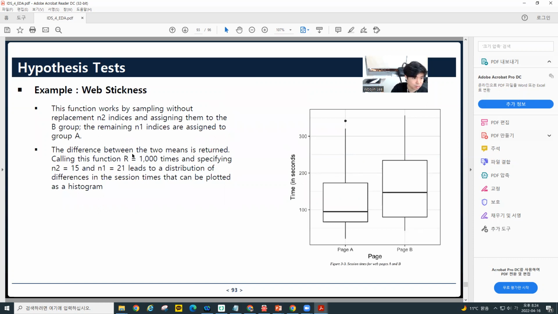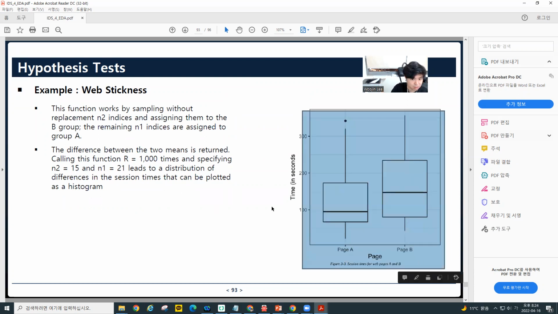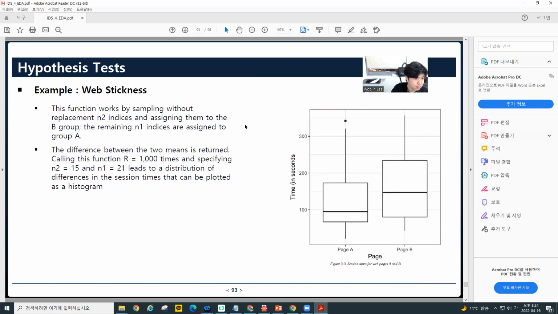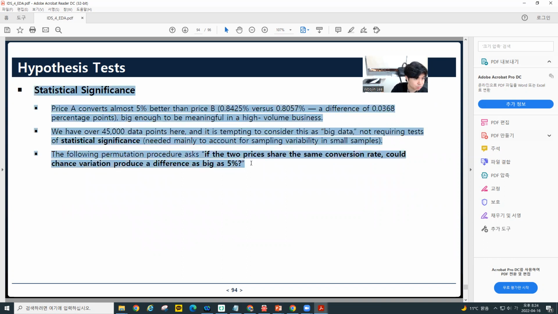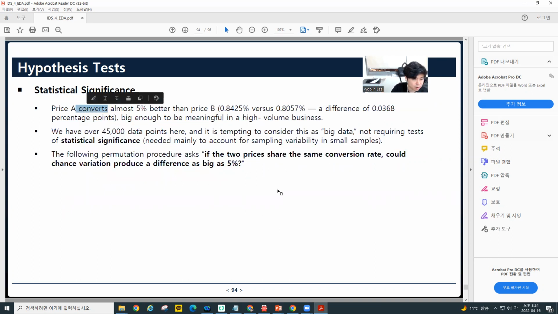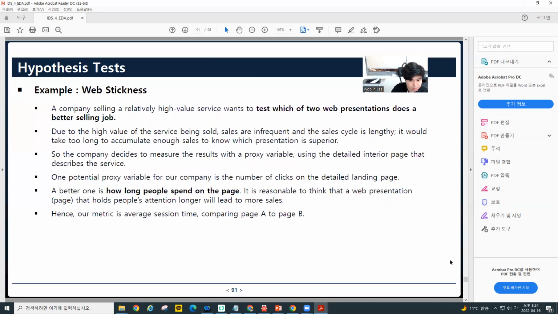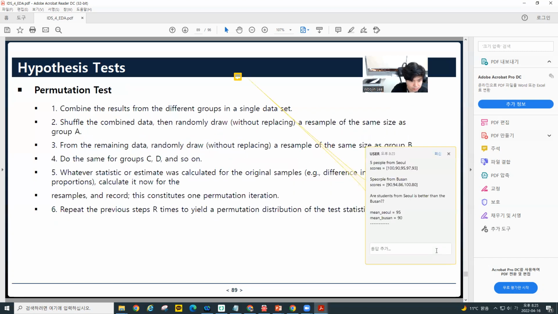이런 식으로 했을 때 페이지 A와 페이지 B의 범위가 이 정도 차이가 나는 것을 그림을 통해서 볼 수 있는 거고요. 그 다음에 또 다른 예제를 갖고 왔는데, 아까 위에 있던 82쪽에 있던 예제입니다.